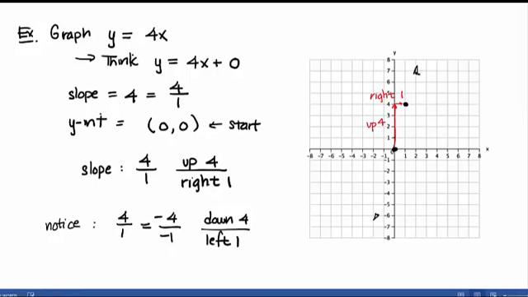Okay, so here's my line again. So if I started at my origin and I went down 4, 1, 2, 3, 4, and left 1, look at that, I'm still on my line, right? So either way, that's down 4 and left 1. So either way, it gets me to the right line.